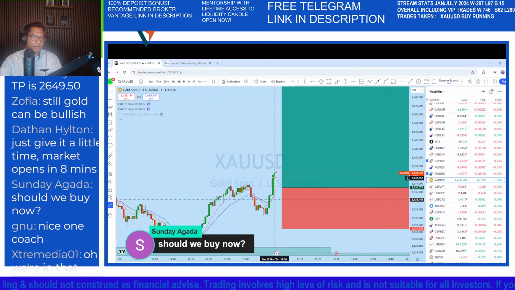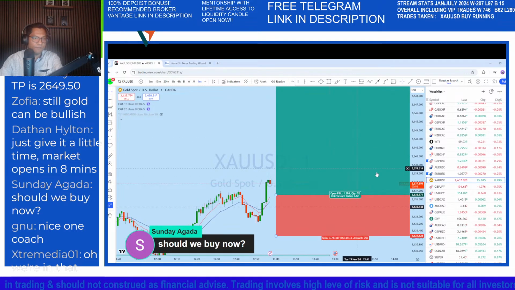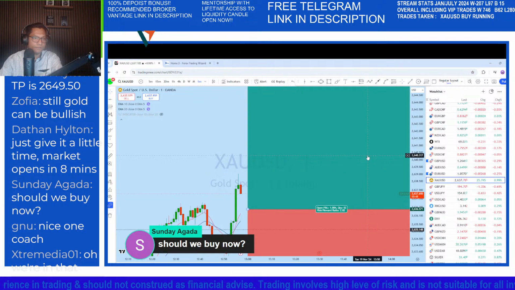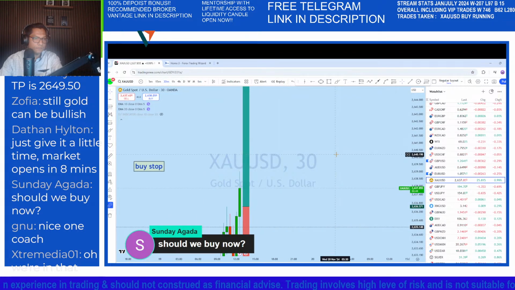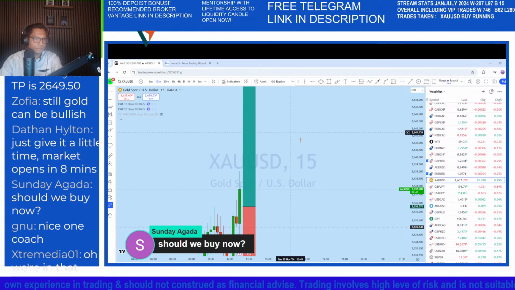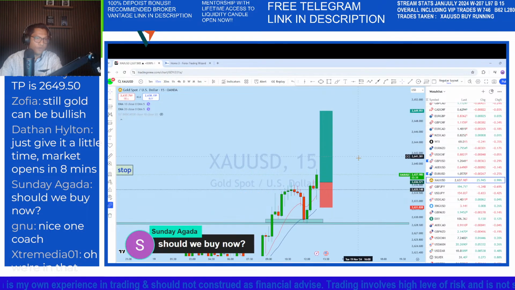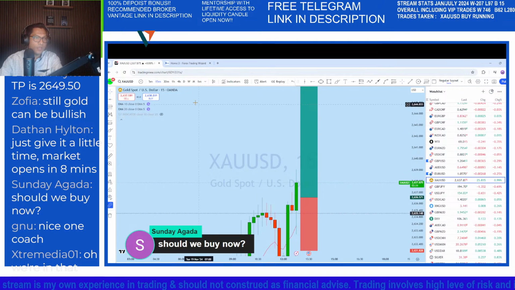And every single minute trying to form bullish price action here. Okay, so there is a bullish engulfer here with a liquidity trigger in that area.